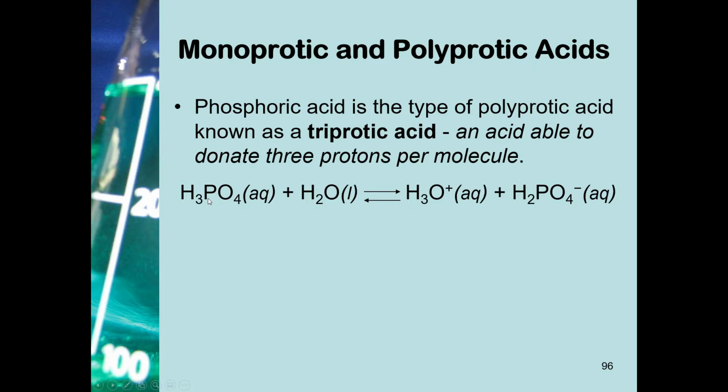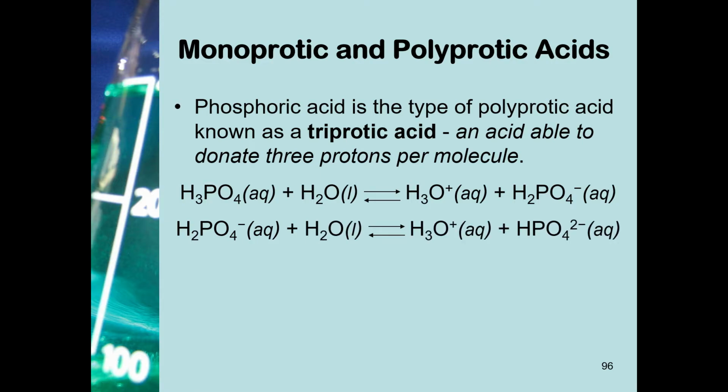Not all of these will be converted into all of these, as it was for sulfuric acid. So this very first stage is already not going to go to completion, but there will be some of these ions in solution along with the hydronium ions, and some of these still that haven't ionized.